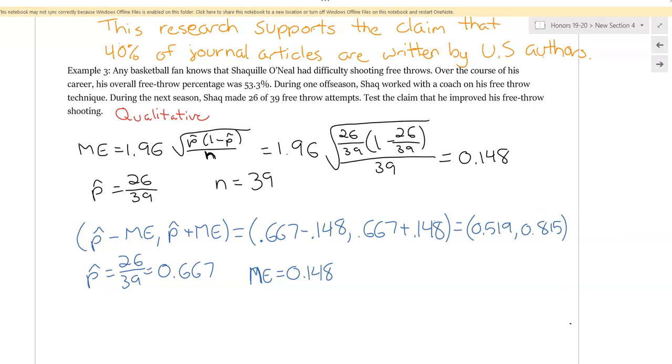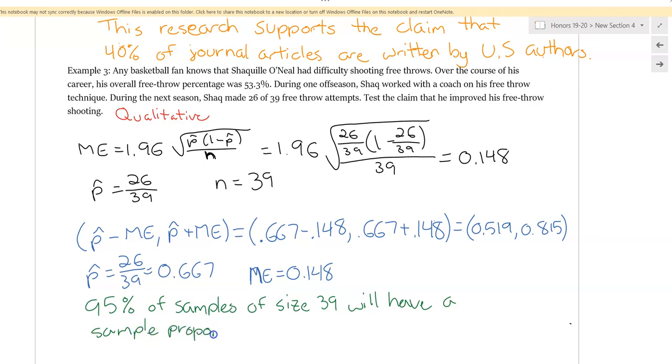Okay. So, 95% of samples of size 39 will have a sample proportion between 0.519, we're going to write that as 51.9%, and 81.5%.